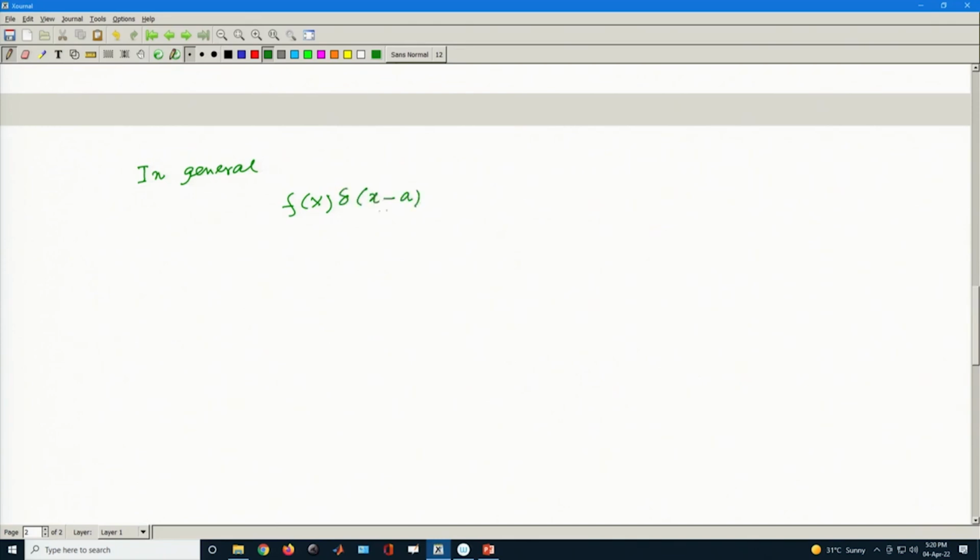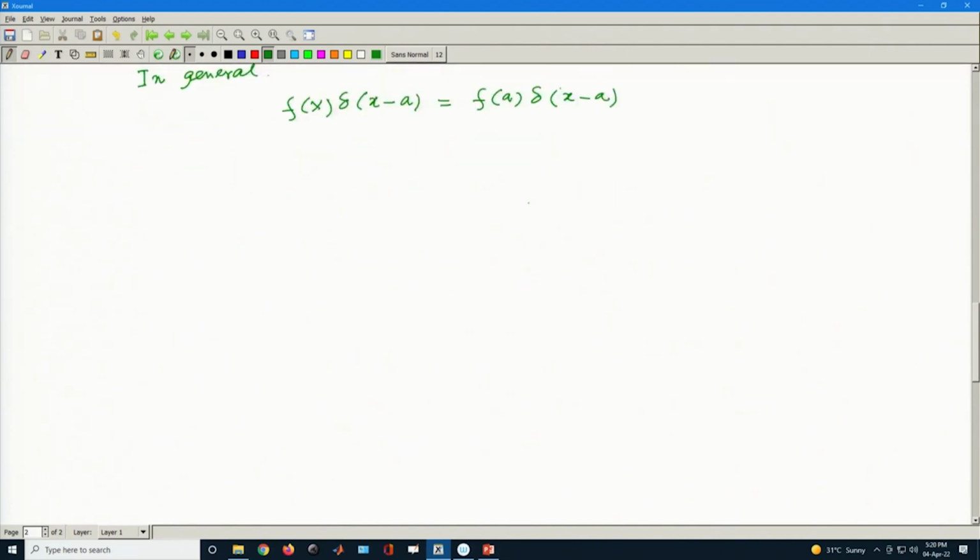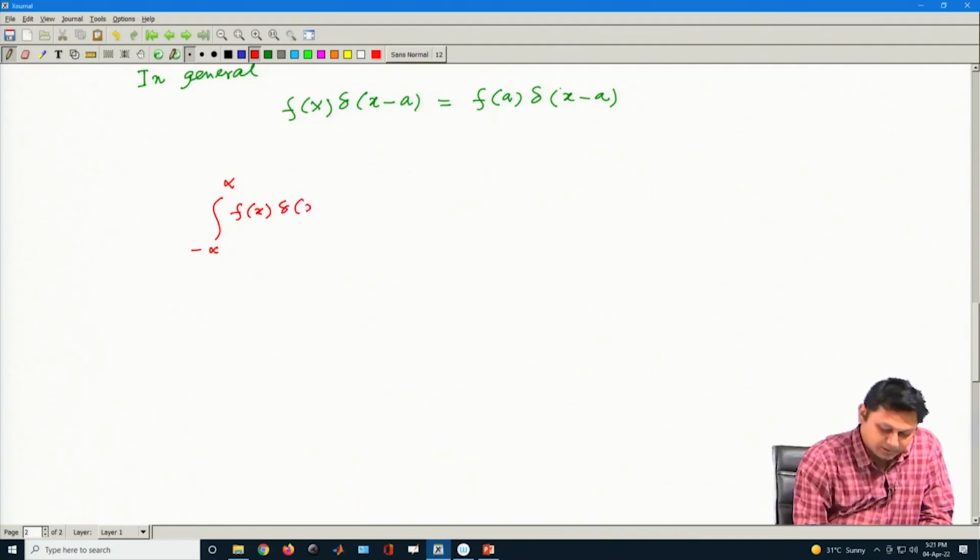Now, I am making a coordinate shifting, delta is now defined at the x equal to a point, then that quantity should be simply f(a) delta(x minus a), like before, only I put a in place of 0. Now, if I integrate it from minus infinity to infinity, f(x) delta(x minus a) is equal to f(a).